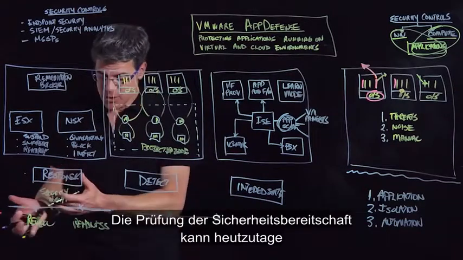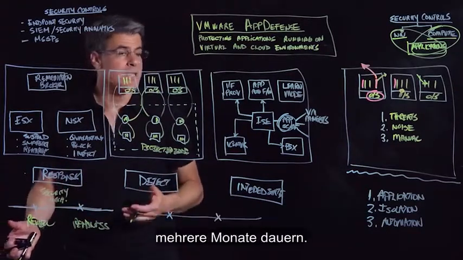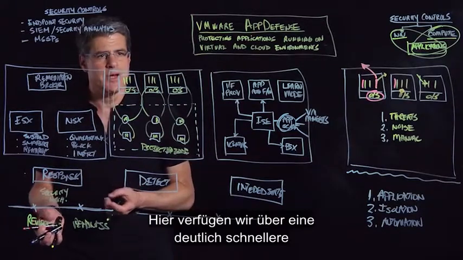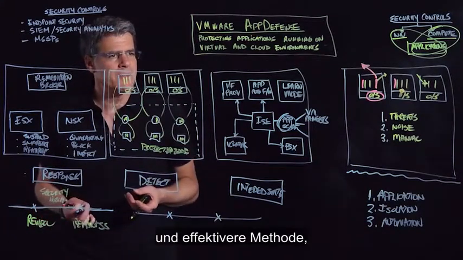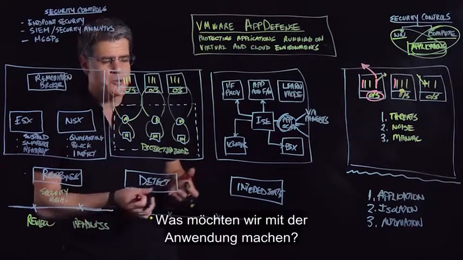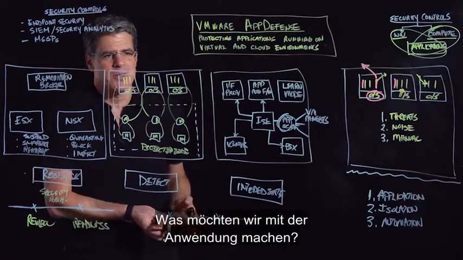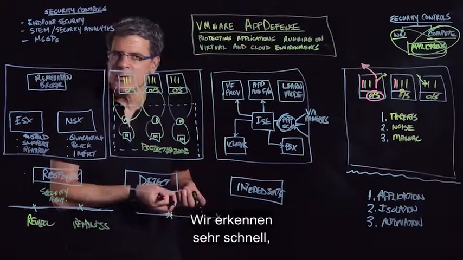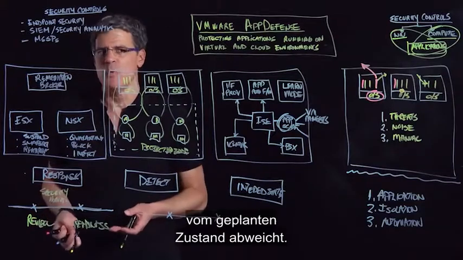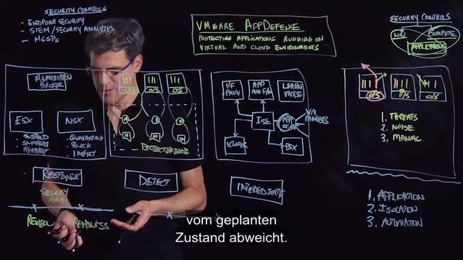Whereas a security review and readiness process may take a couple of months today, suddenly we have something that can be done much faster and much more effectively, because both teams can look at a common truth. What are we trying to do with the application? We can very quickly see and annotate what we want to have happen if what's running doesn't match what we intend to be there.